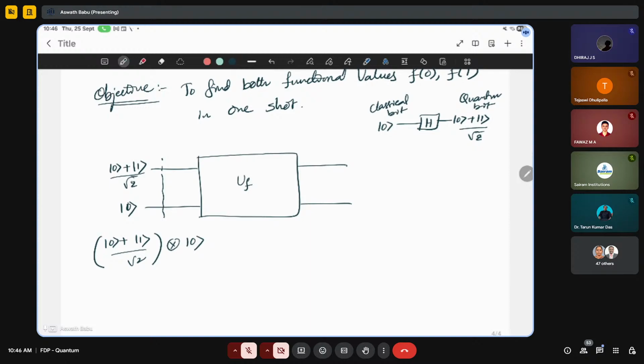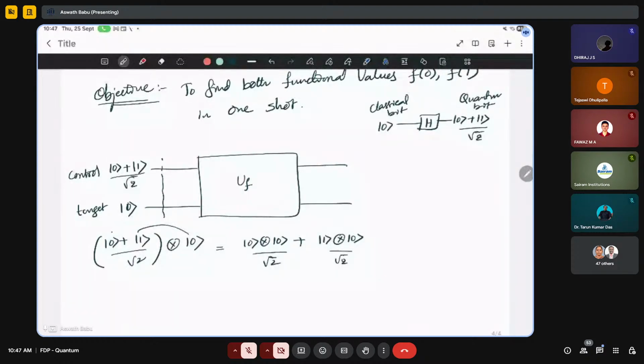This is the parallel processing. So the control is on the left, target is on the right. Now you can write this explicitly by multiplying tensor-wise: 0 tensor 0 plus 1 tensor 0, divided by square root of 2. Explicitly I am writing.